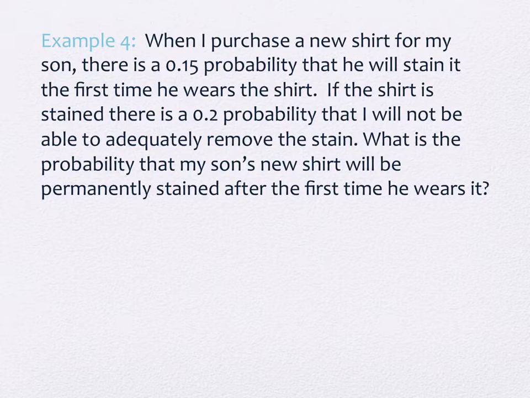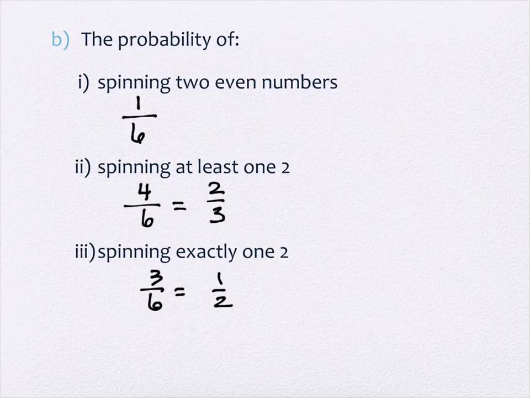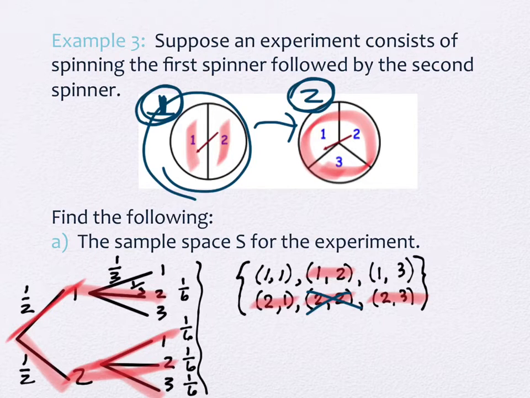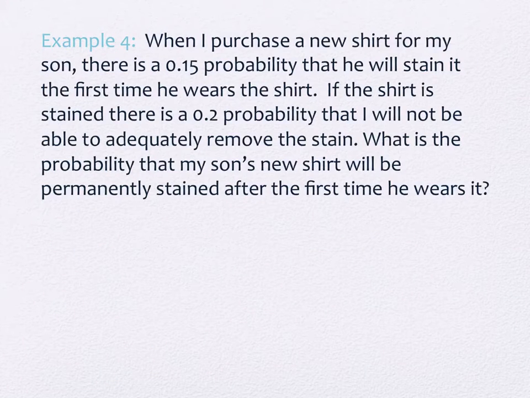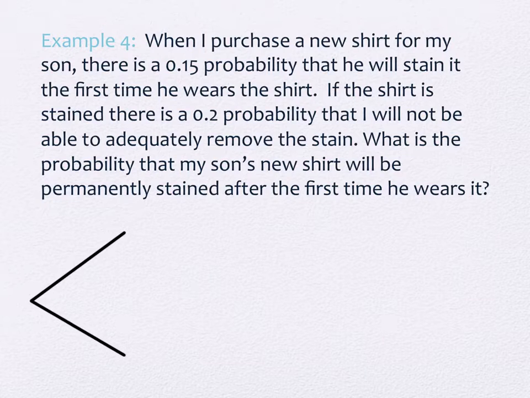So I throw this one in here because I want you to understand that tree diagrams don't always have to have the same number of branches off of every branch. The 2 that we've seen so far did, right? We had 2 branches over here, and then they each had 3 extending from them. But it doesn't have to work that way in a particular problem, and this is the case where one does not. For example, there's 2 things that happen the first time my son wears the shirt.